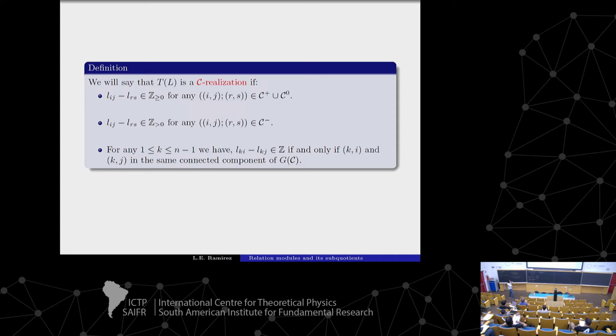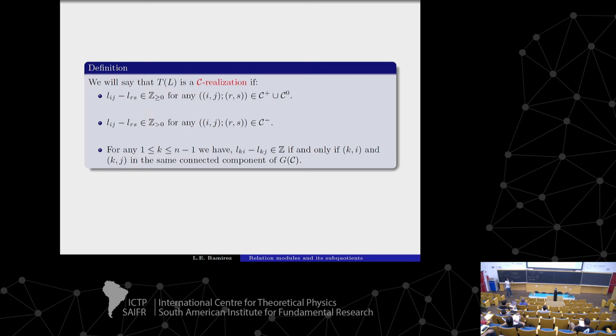Here you should consider the graph without arrows, like an undirected graph. And then you look at the connected components of this graph, and you should have this condition. So the difference should not be integer if you are in different connected components.